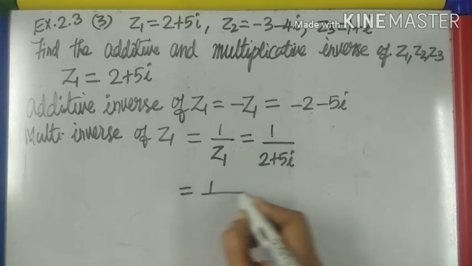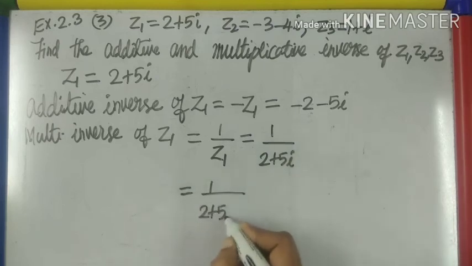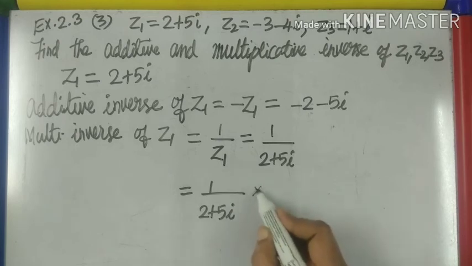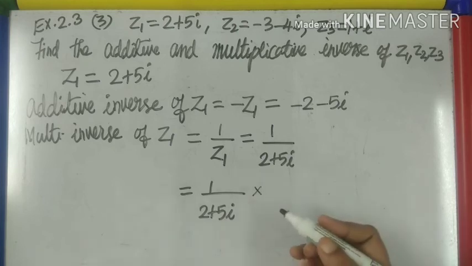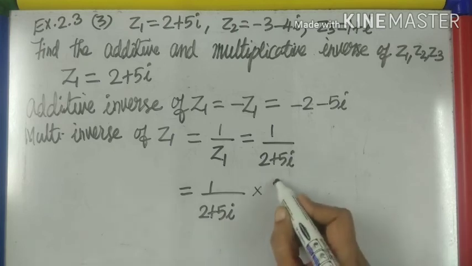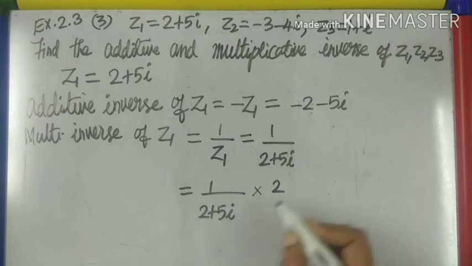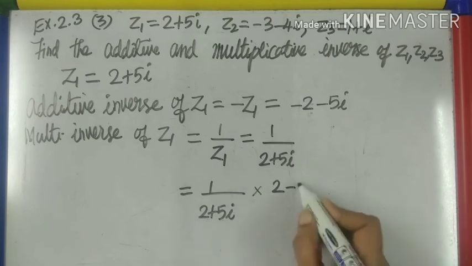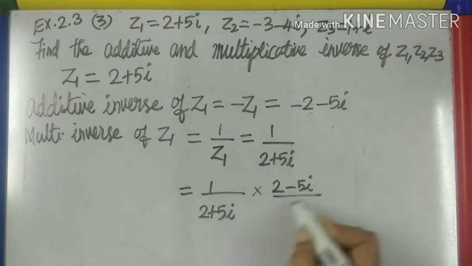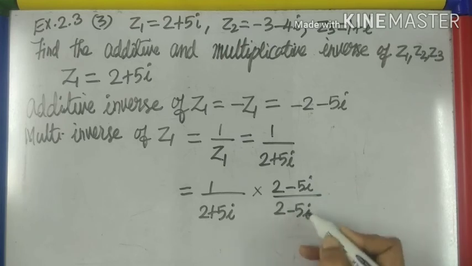And let us remember, we do not allow complex in the denominator. So whenever a complex number comes in the denominator, multiply and divide by the conjugate. So 2 plus 5i means I alone change the symbol. 2 minus 5i. And how do I multiply?